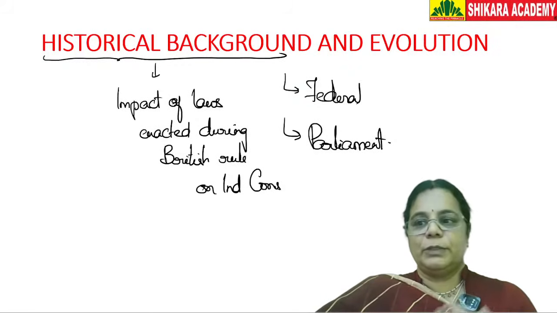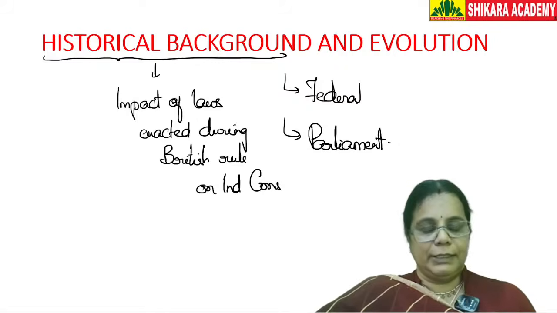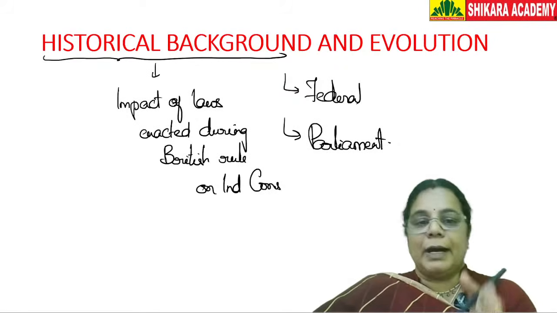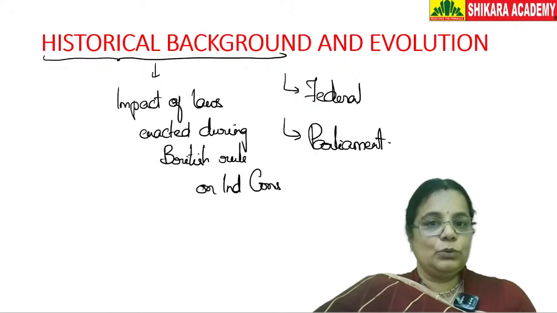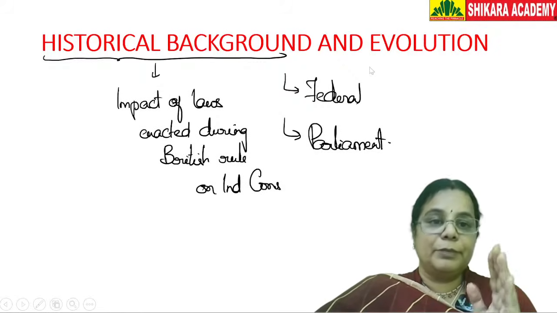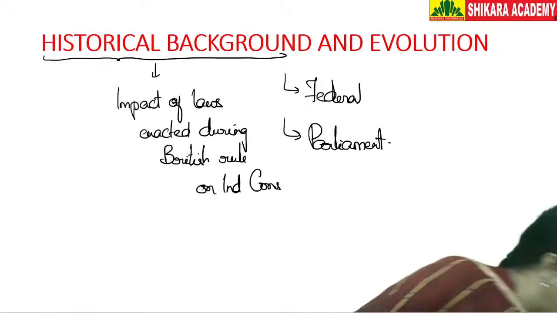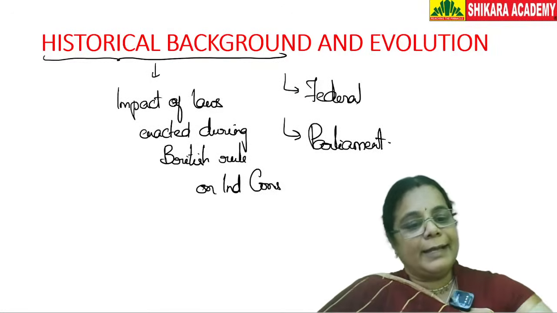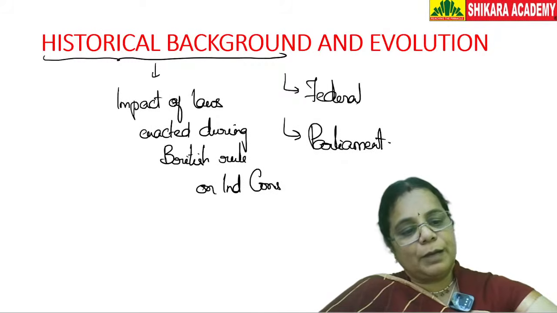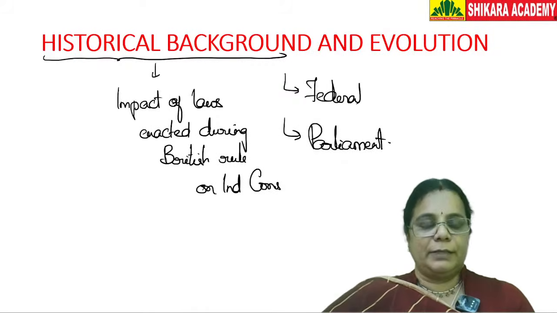And later on, we adopted the same. Likewise, the parliamentary form of government owes its origin to the British rule in India, because Britishers introduced it in India. And please remember that the British Parliament is known as the mother of all parliaments.